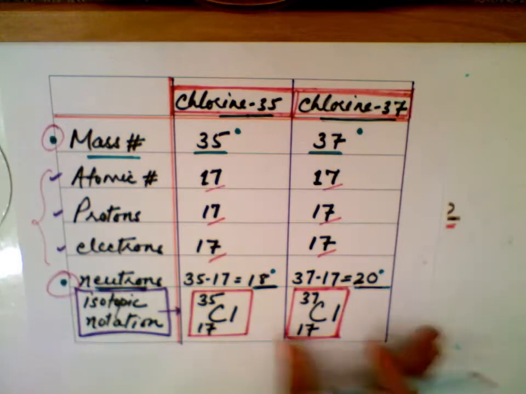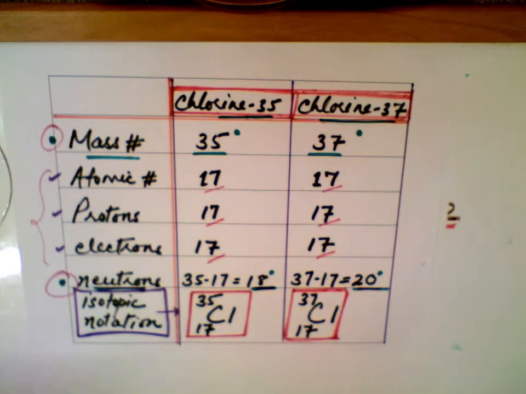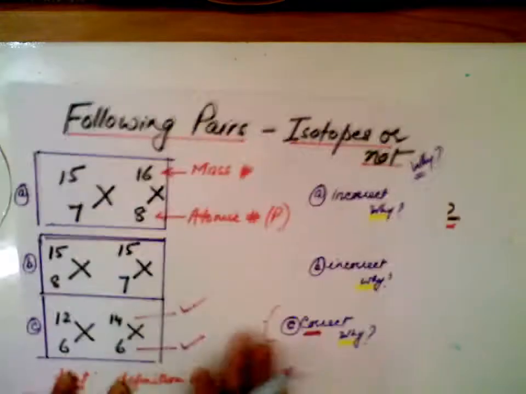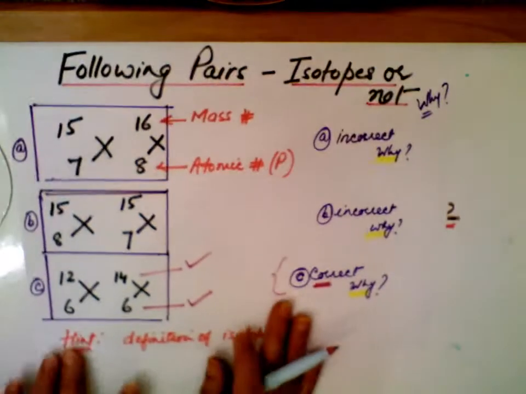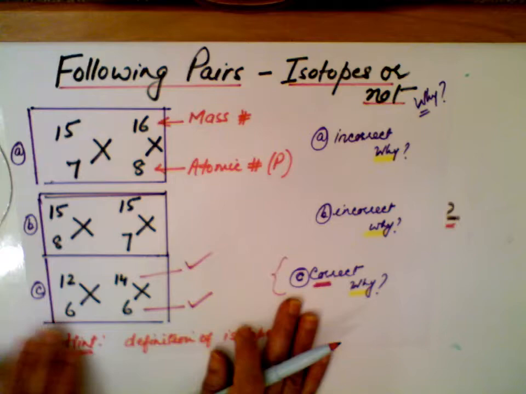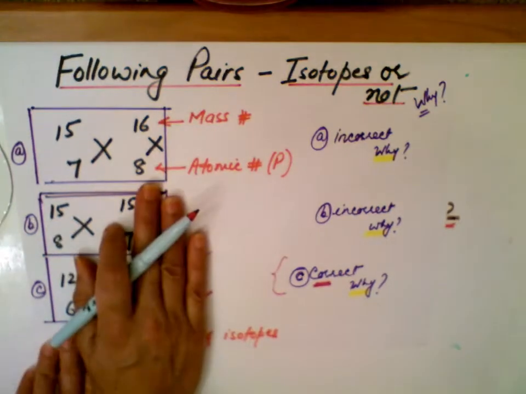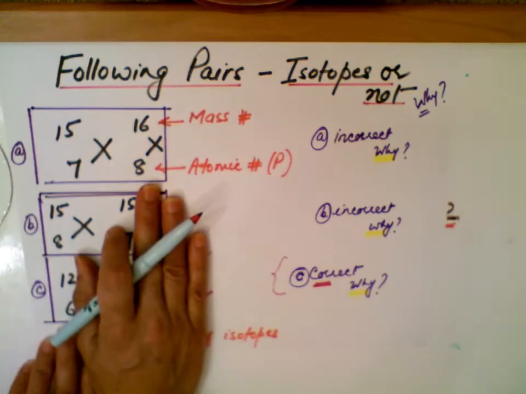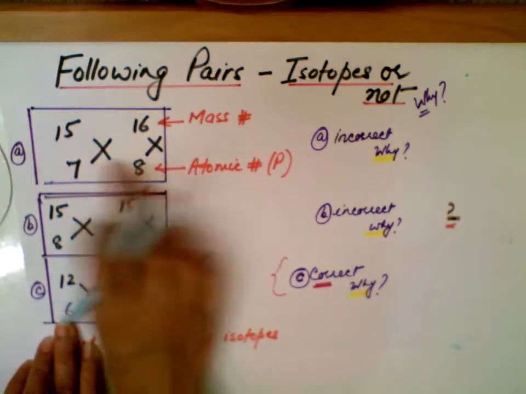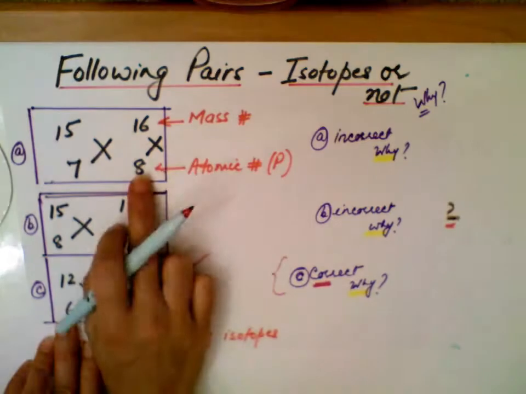Let's do one more thing before I wind up. Here, these are the pairs, but we need to figure out which one of them is actually representing isotopes of the same element. So the first one is incorrect. Why is it incorrect?